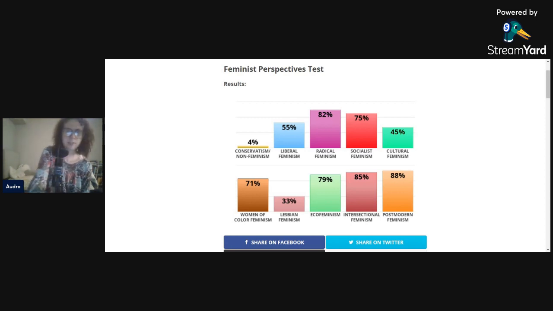Makes sense. 55% liberal feminism. 82% radical feminism. 75% socialist feminism. 45% cultural feminism. 71% women of color feminism, 33% lesbian feminism, 79% ecofeminism, 85% intersectional feminism, and 88% postmodern feminism.